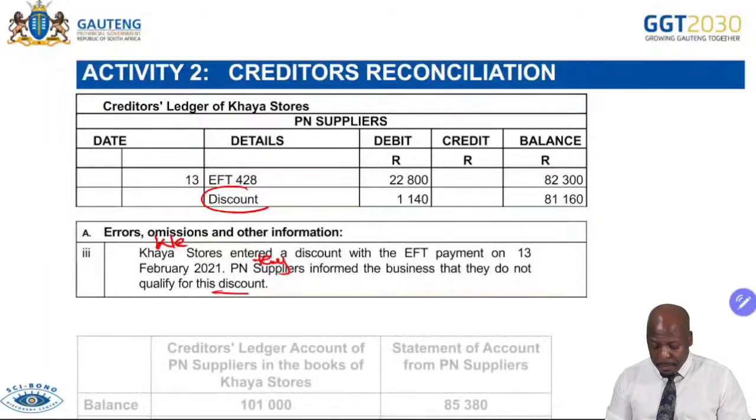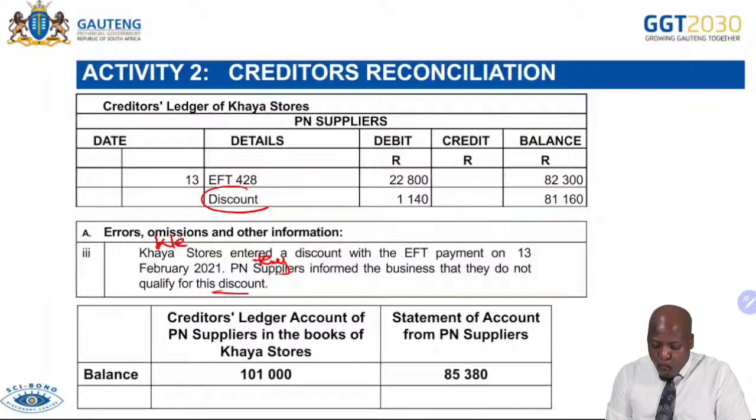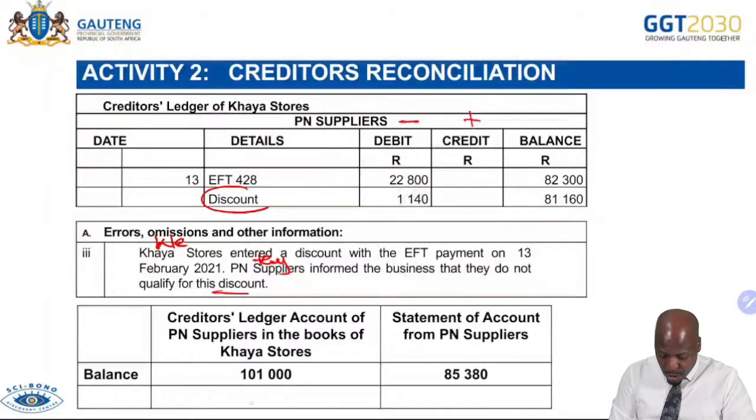So we come to our ledger. When we record a discount, we need to understand what effect it has. When we're in the ledger, on the credit side it's a plus, on the debit side it's a minus. So when we recorded a discount, it decreased our account. Yet that discount was not granted. To correct that, we're going to come into our ledger, then cancel that transaction.